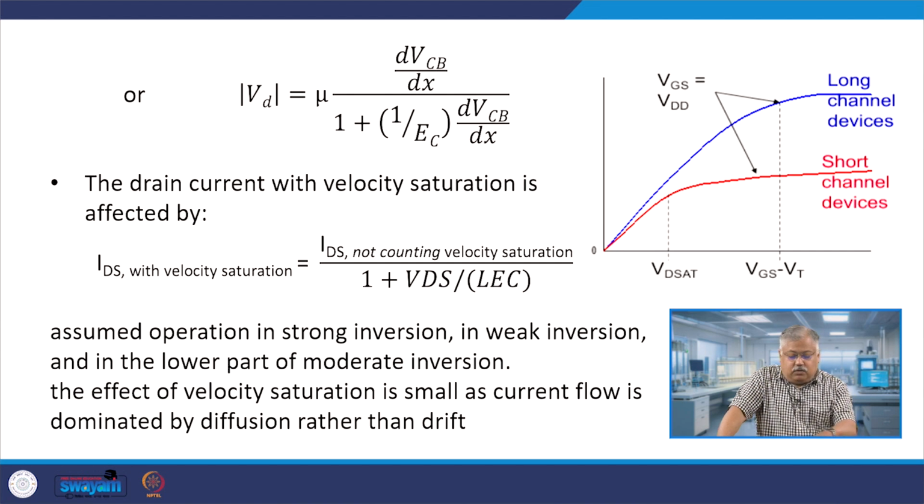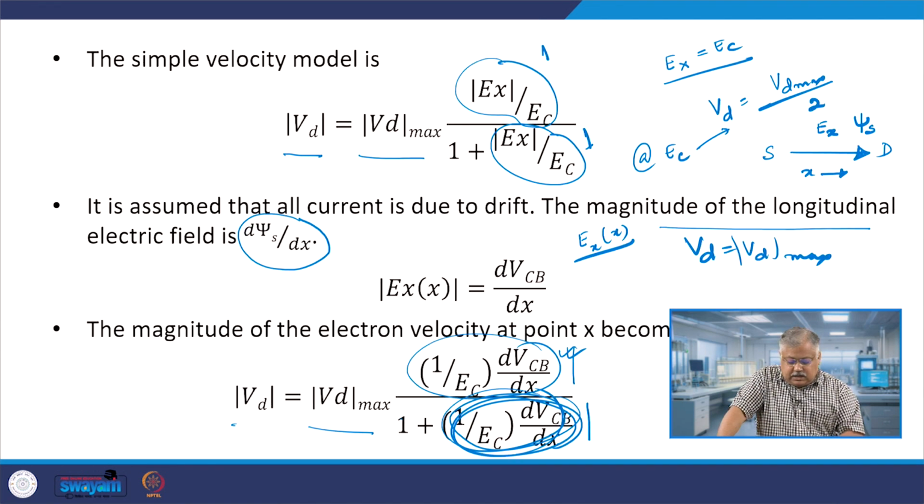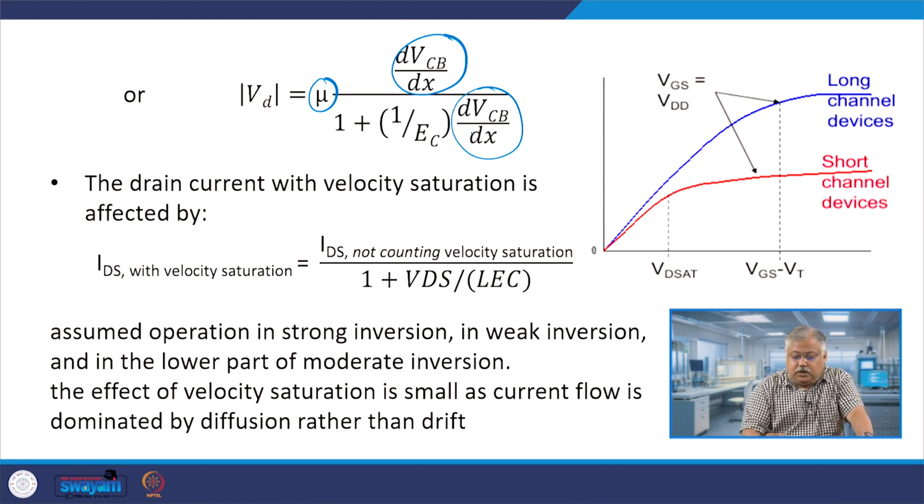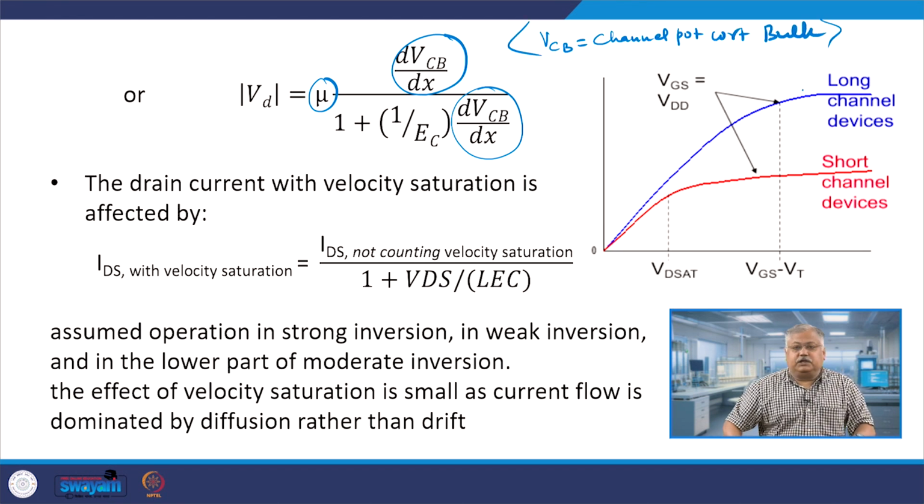And therefore, we write Vd, because what we have done is that Vd max by Ec will be given by mobility. Mobility is already V equals mu into E, and therefore Vd equals mu times dVcb dx into 1 plus 1 by Ec dVcb dx, which means that very critical is the rate of change of the channel potential with respect to bulk. Channel potential with respect to bulk is Vcb.